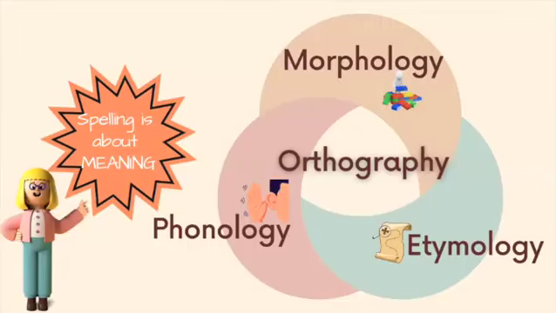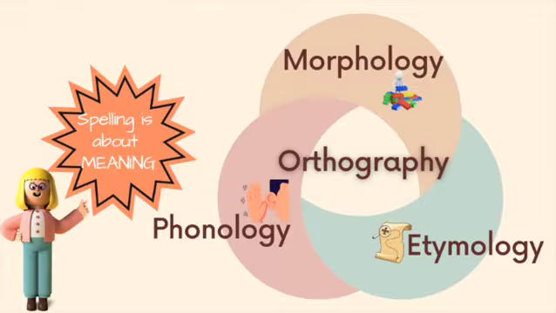We're starting off again today with a little reminder that English spelling is all about meaning, and all of the parts of orthography work together to help us understand the meaning of the word.